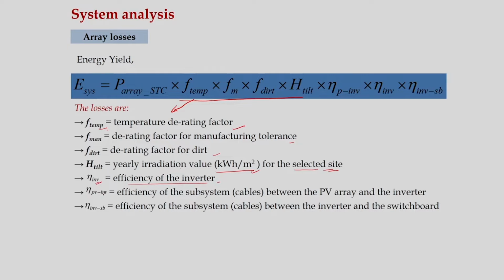Then eta PV inverter is the efficiency of the subsystem between the PV array and the inverter, and eta inverter SB is the efficiency of the subsystem between the inverter and the switchboard. Okay. So, we will analyze one by one and then finally, we will estimate all those derived parameters.